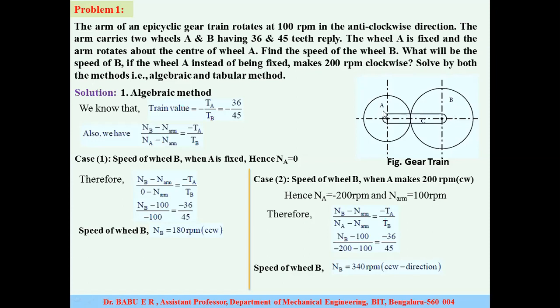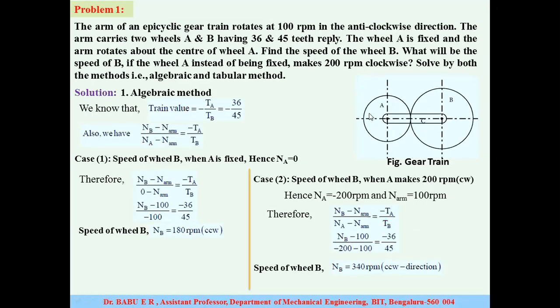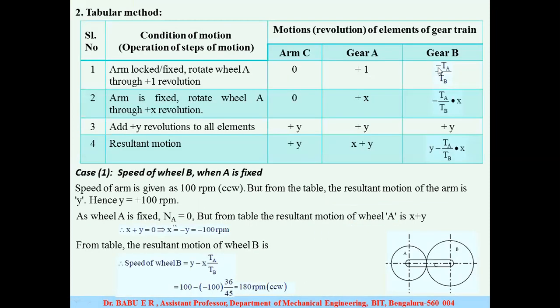So always write it as Ta by Tb. And you see the direction. When you rotate this in clockwise direction, this will rotate in counterclockwise direction. So the direction of rotation of the driver and the driven member is in opposite direction, so it is represented by a negative sign.